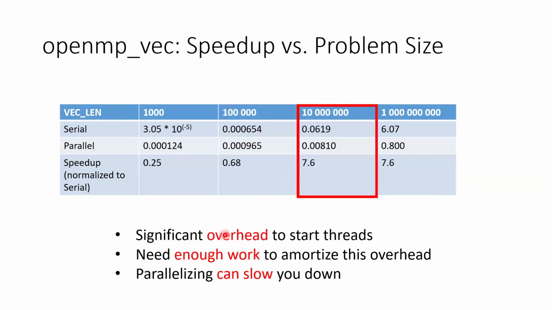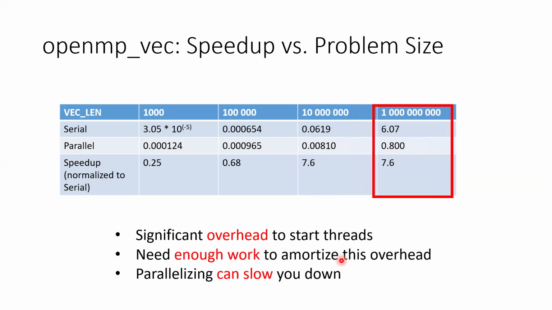We have significant overhead to start the threads, which is why we need enough work to amortize this. Parallelizing can actually slow you down in a lot of cases.